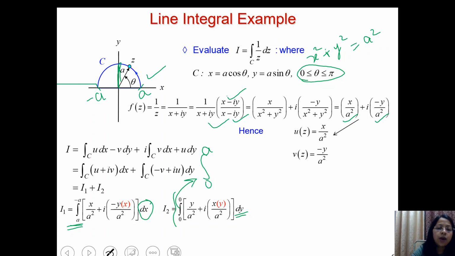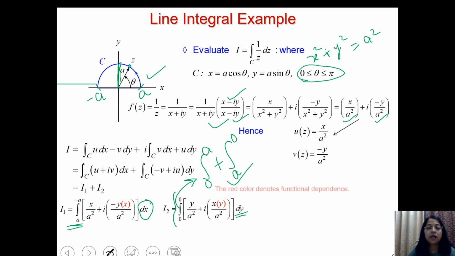So that's why this becomes 0 to 0, and it will be written like this, 0 to a and a to 0.